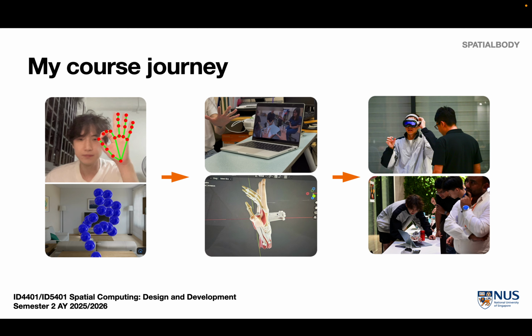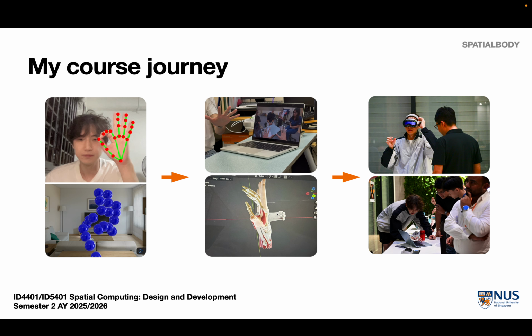And in this class, this project evolved through several iterations. At first, I tried tracking my hand gestures with the MacBook camera and mapping the joints with small spheres.